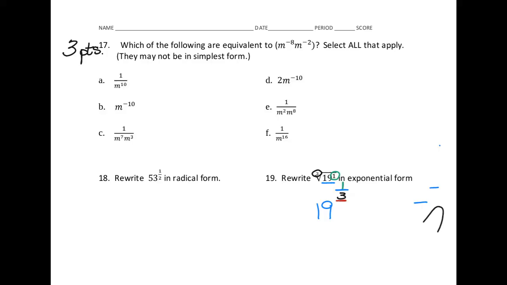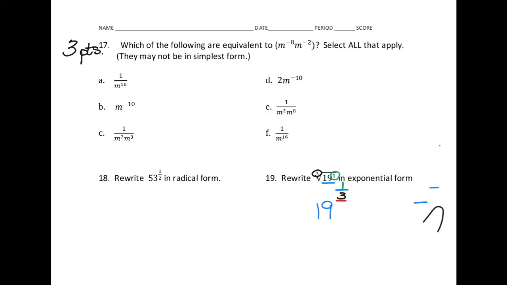So if you do m to the 8th, m to the negative 8th times m to the negative 2nd, what would you do first to try to simplify that? You could do one of two things. What would you do first? Okay, how would you combine them?